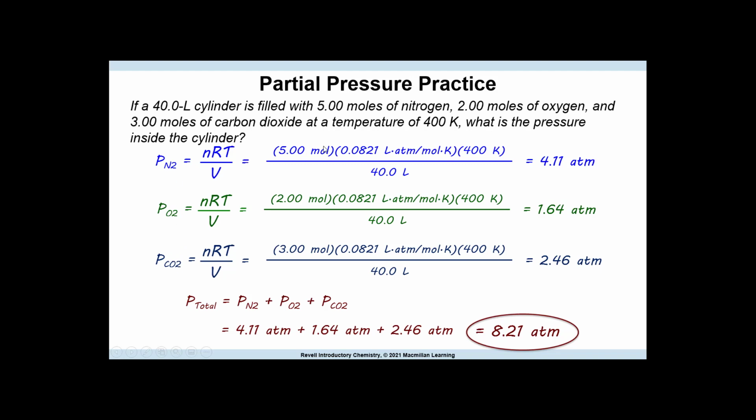And what you find is that the variables for the rest of them are all the same. The only difference is the actual mole amount. And then you end up getting the partial pressure for nitrogen, the partial pressure for oxygen, the partial pressure for CO2. When you add them up, it gives you the total pressure of the vessel.